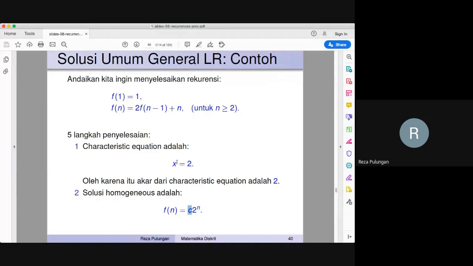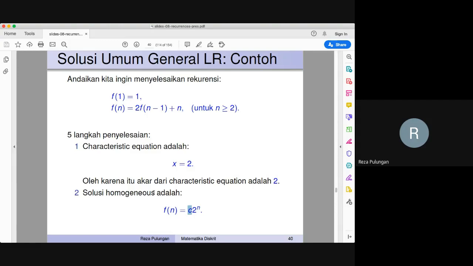We guessed that the solution is x to the power of n, and x is equal to 2, so 2 to the power of n, and then you multiply it by some constant. We don't know this constant yet. We have to use the boundary condition to find it. This is what we call a homogeneous solution.